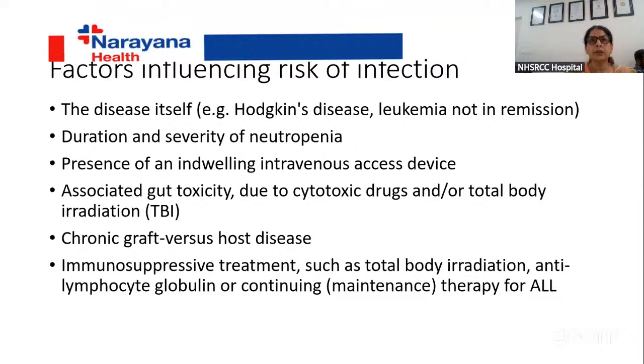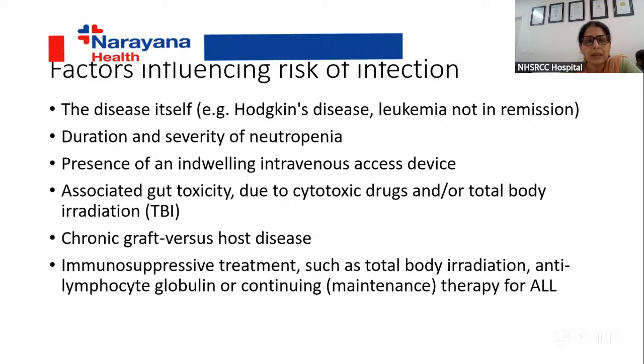When you look at these children, there are a lot of factors which influence the risk of neutropenia and infection. As I told you, the disease per se, whether the child falls into a high-risk category where the child has leukemia, acute myeloid leukemia, or other factors as I described before, and the duration and the severity of neutropenia. Indwelling access devices usually are the primary culprit in these children, because if they have not been handled properly, there is a very high chance that there will be a bacterial contamination and the child will come with sepsis.